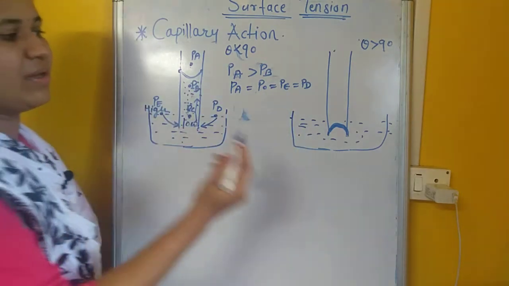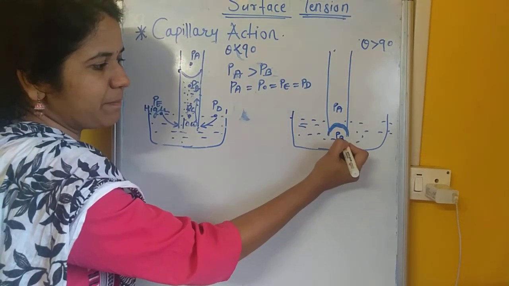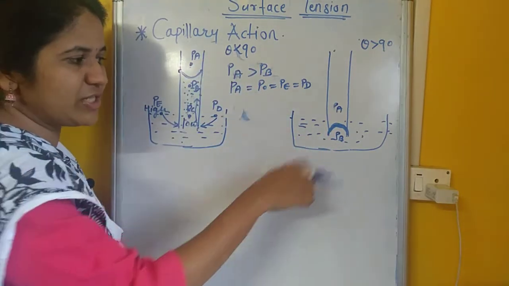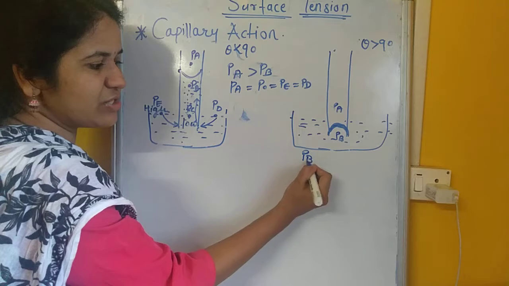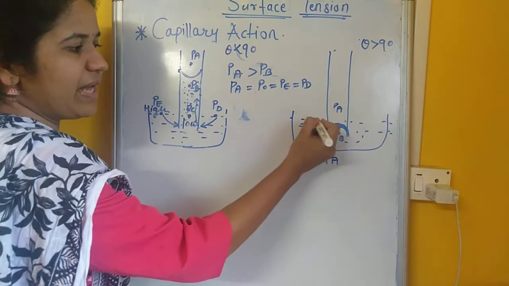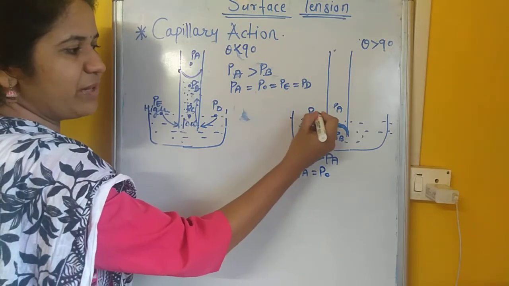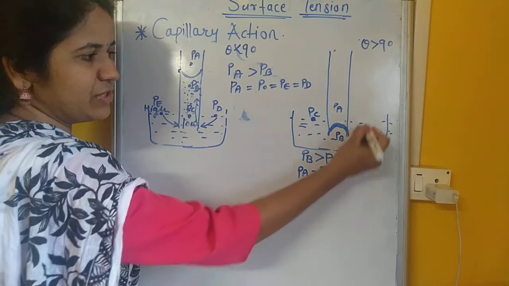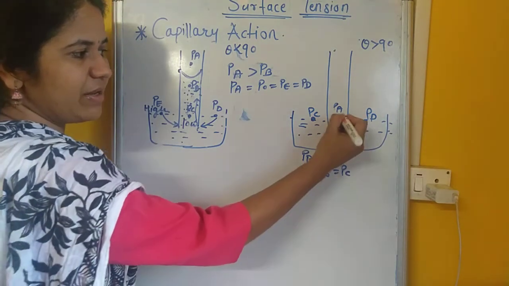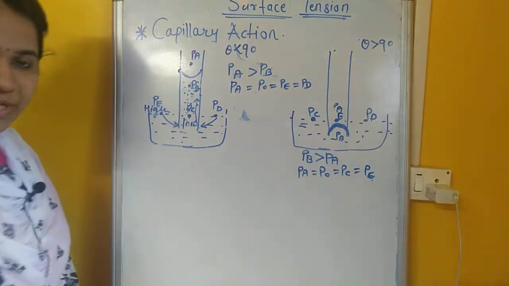Same second case. Which pressure is high? Suppose this is PA and this one is PB. Concave side pressure is high, so PB pressure is high as compared to PA. But PA means atmospheric pressure. Same for this point, PC is atmospheric pressure, and PD is atmospheric pressure. So suppose we consider this point E; point E must be atmospheric pressure.